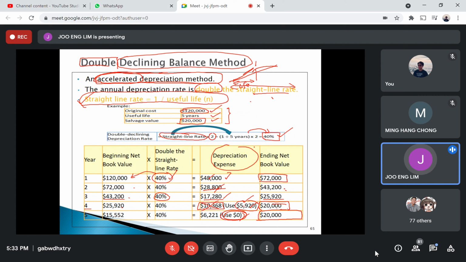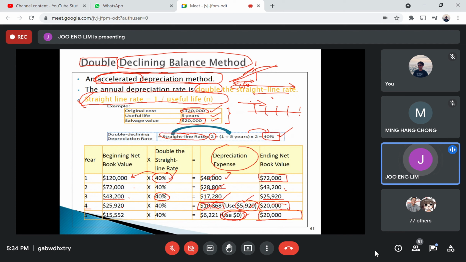So sometimes with more advanced technology machines, it is better for you to recover your cost faster, to reduce your risk, okay? So that is the reason why the accelerated depreciation method is introduced into this calculation.